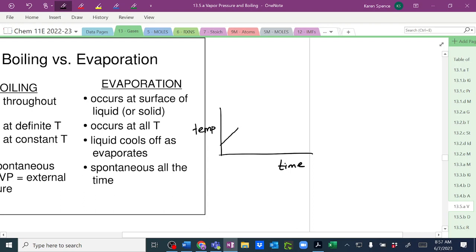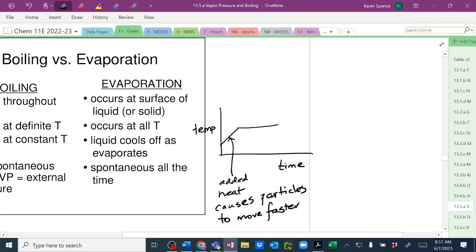And then as it boils, the temperature will stay the same. Before that, the added heat causes the particles to move faster, so it increases the kinetic energy.